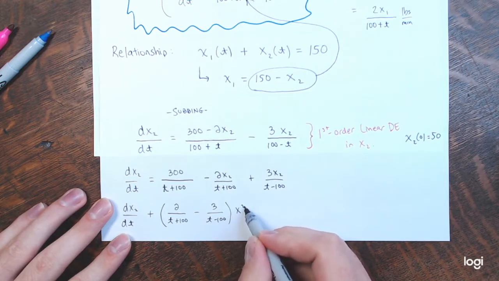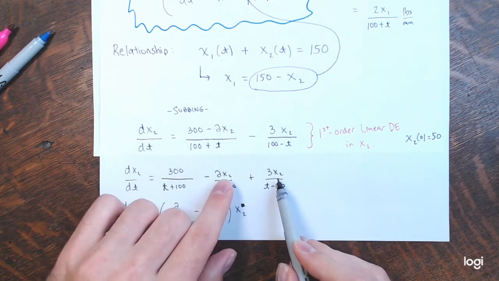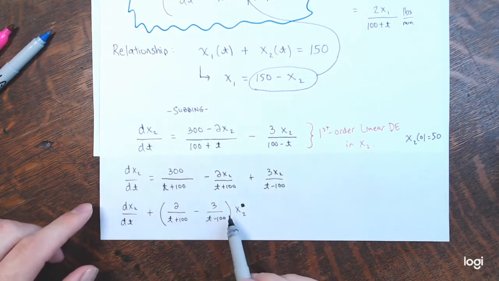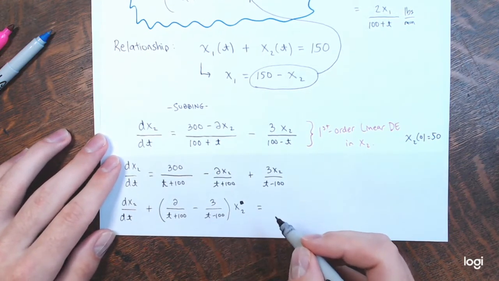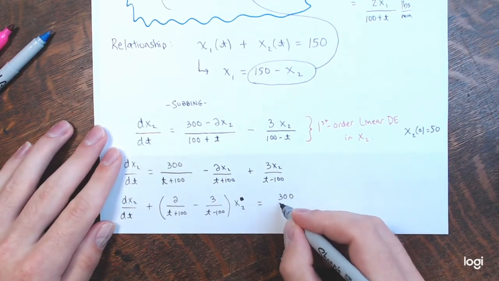Not x squared, sorry, x2. All I did was add this, subtract that, factor out x2. And that's equal to 300 over t plus 100.